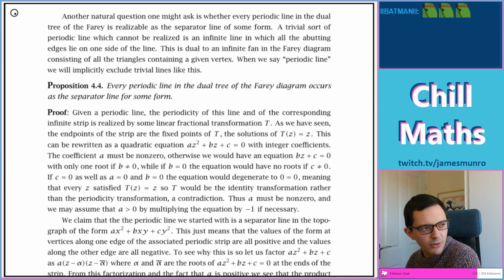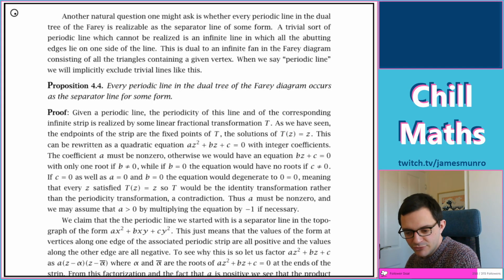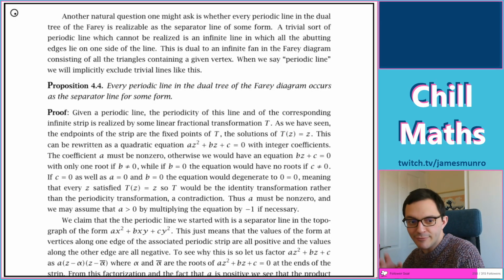So if you take this big binary tree thing that we've got going on, and you just write a kind of short, repetitive poem about how you're going to go left, left, right, again and again, left, right, through the binary tree, does that necessarily give you the separator line for some quadratic form?